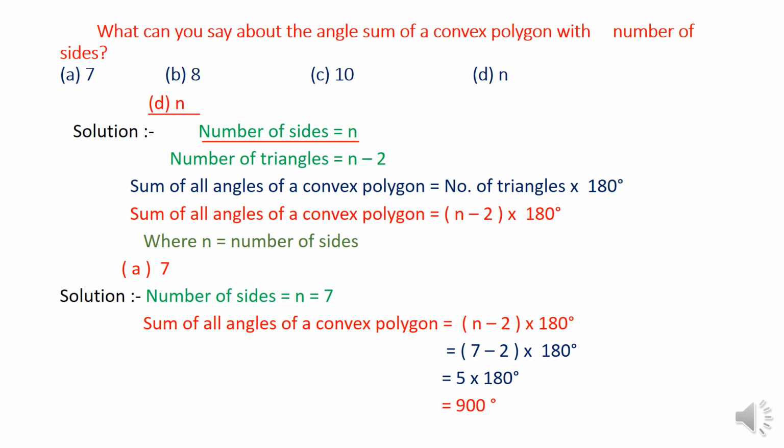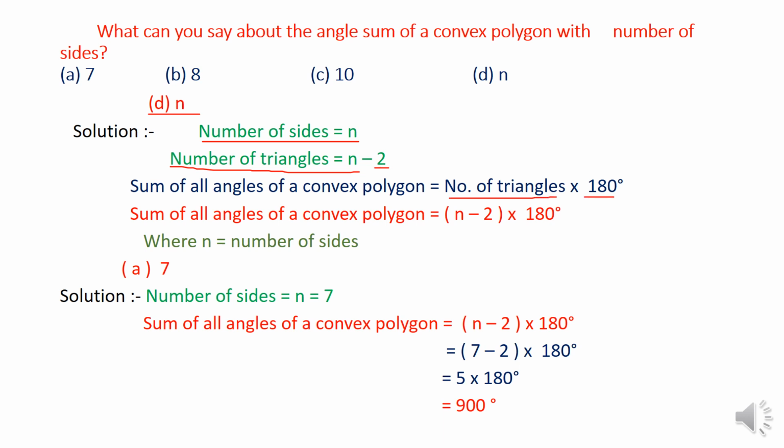If you see in the relation, we are always getting the number of triangles equal to 2 less than the total number of sides of a polygon. That is why we can write the number of triangles equals n minus 2, where n stands for the number of sides. The sum of all angles of a convex polygon is equal to the number of triangles multiplied by 180.